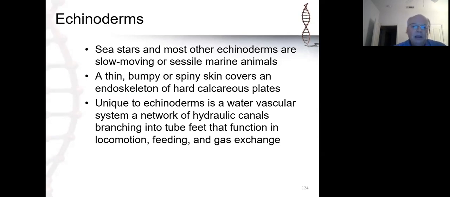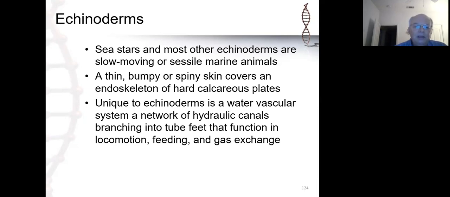And then there are radial canals or radial tubes that radiate out from this central ring canal into each of the arms that then branch out to each of the feet in the arm. And there are 2 rows of feet in the arms of sea stars.